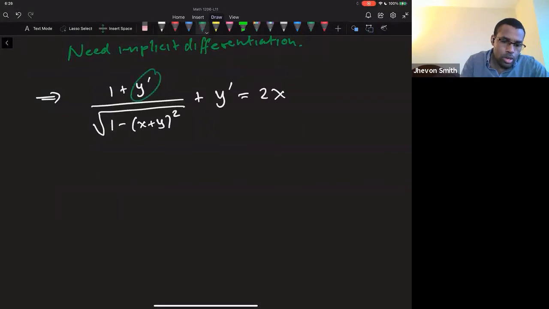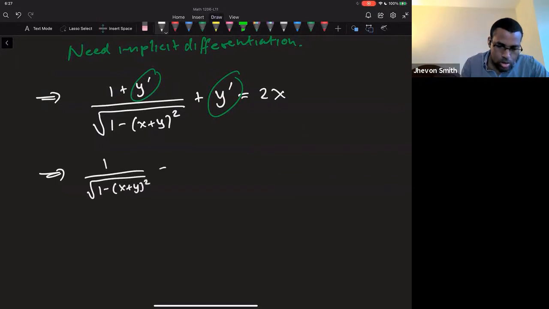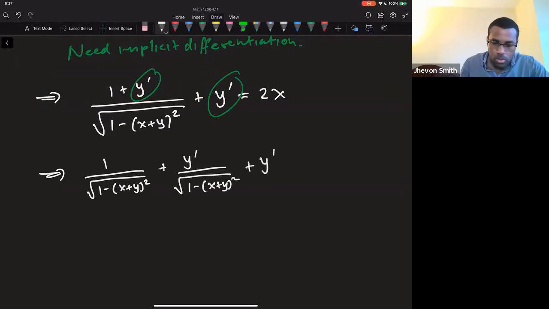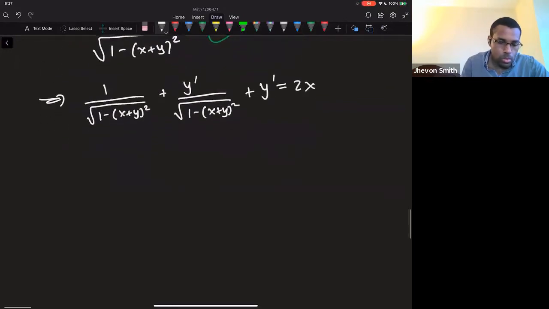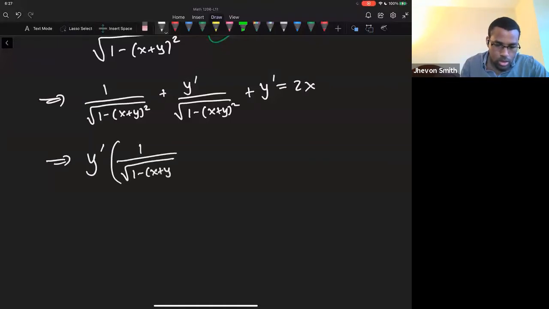So we have our y prime here that we need to solve for. I would break it into two fractions. Then we have y prime on this side with that, and we have 2x minus this.